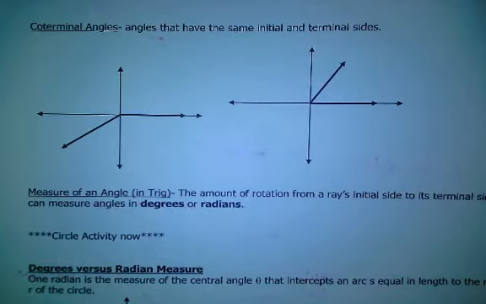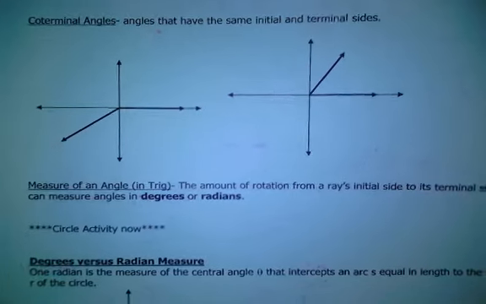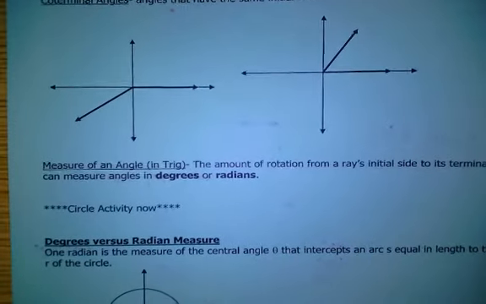It really was. Coterminal. Those are angles that have the same initial and terminal sides. Okay, so angles that have the same initial. Why do they have the same terminal? How does that work?